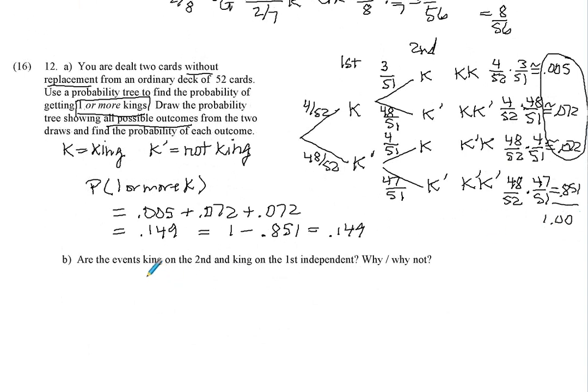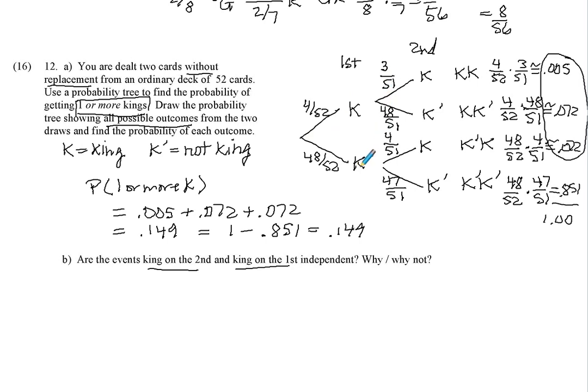And then the last question here is, are the events of king on the second and king on the first independent? Why or why not? So king on the first draw, the probability of king on the first draw is 4 out of 52. The probability of getting a king on the second draw, well, if you got a king on the first draw, it's 3 out of 51.